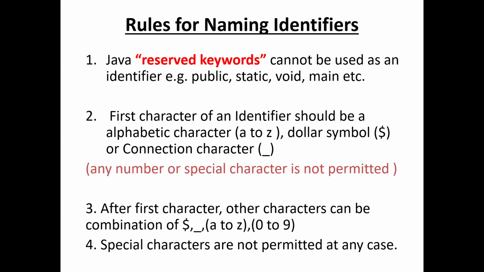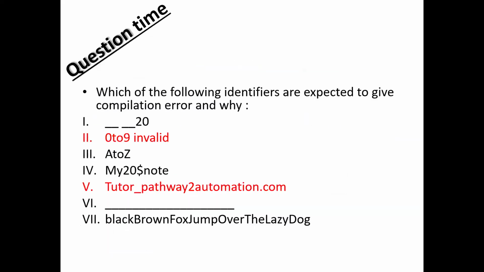The third rule says after the first character, other characters can be a combination of dollar symbol, underscore, A to Z, and 0 to 9. After the first character. Here we have the first character being 0 to 9.